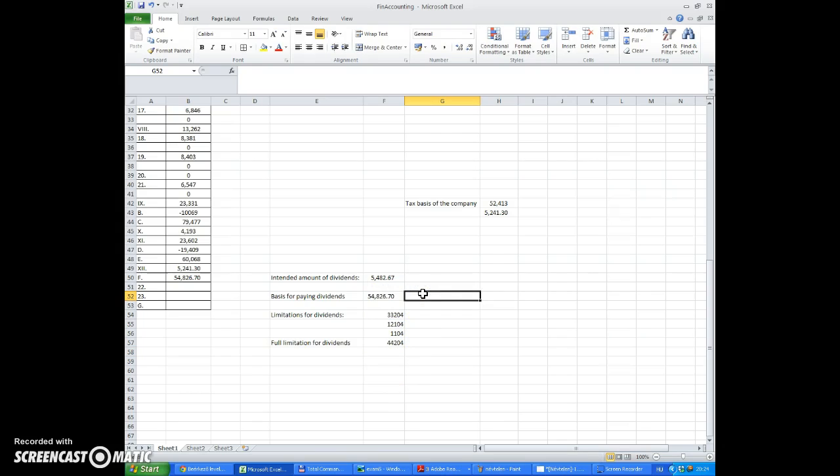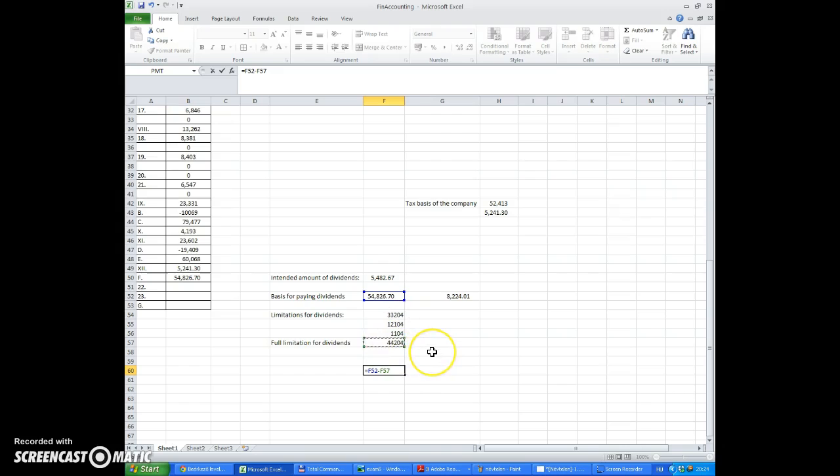We have to multiply the basis for dividends by 0.15, so we can see that we want to pay this amount of dividends, but from the full basis of dividends, let's see how much can be paid.